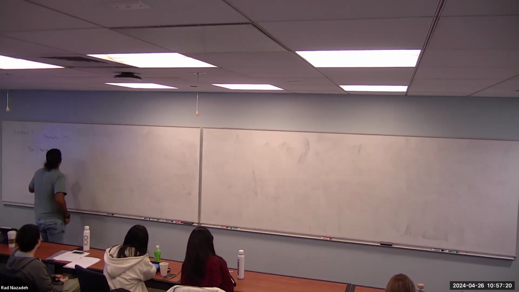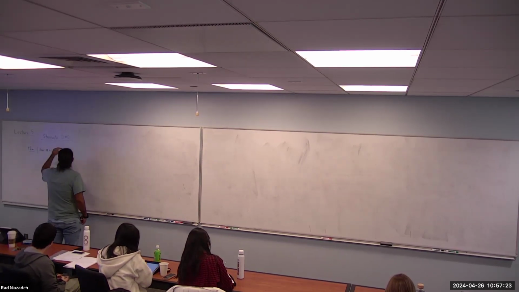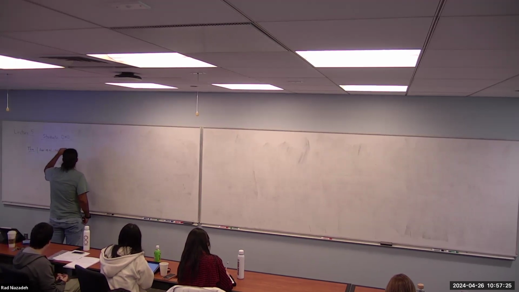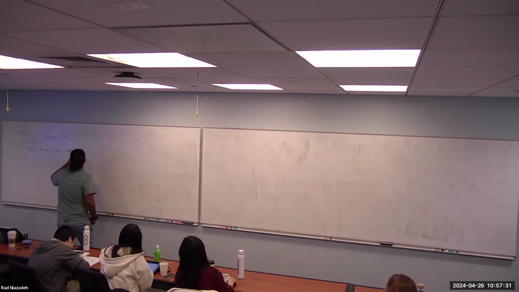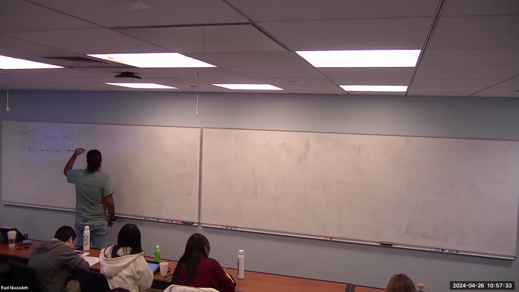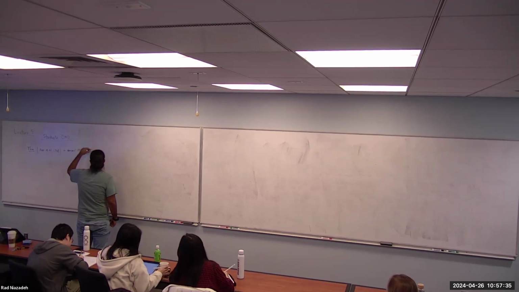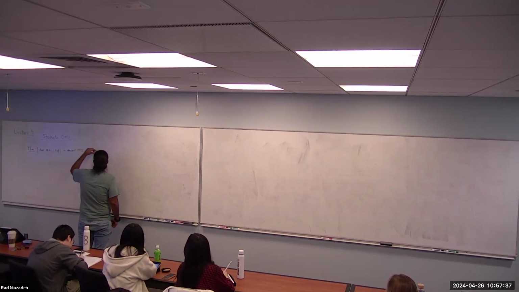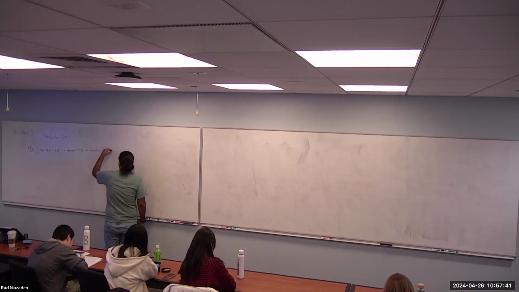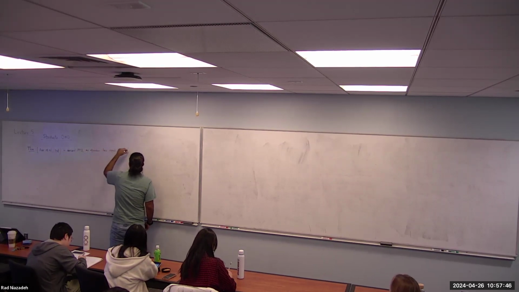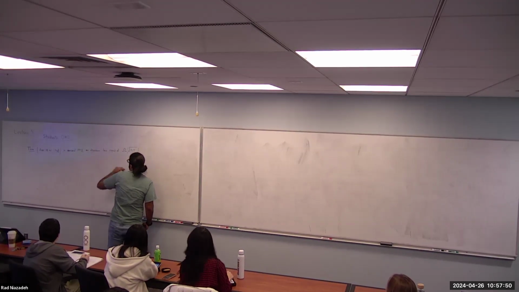And the lower bound is basically the following. In adversarial multi-armed bandits, any algorithm has regret of omega square root n times T in expectation.